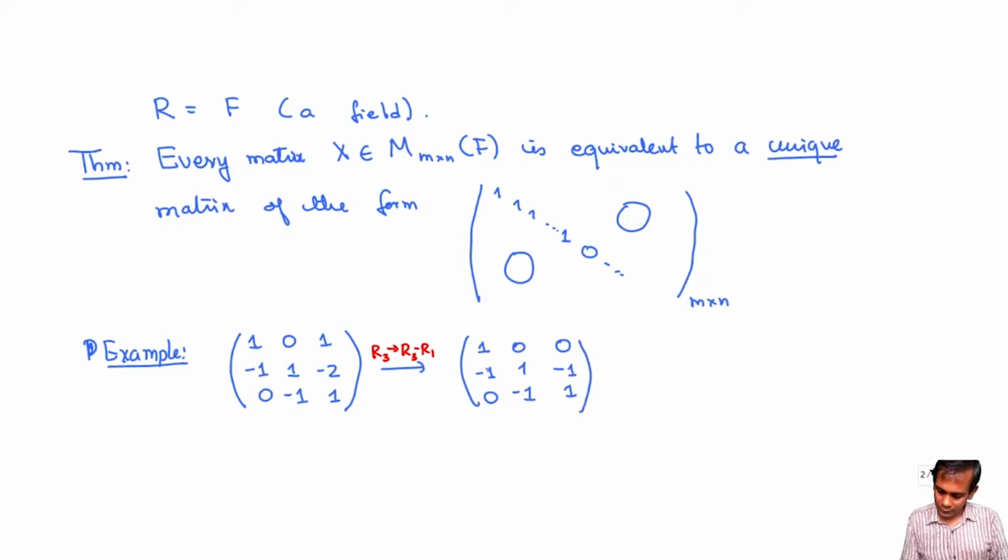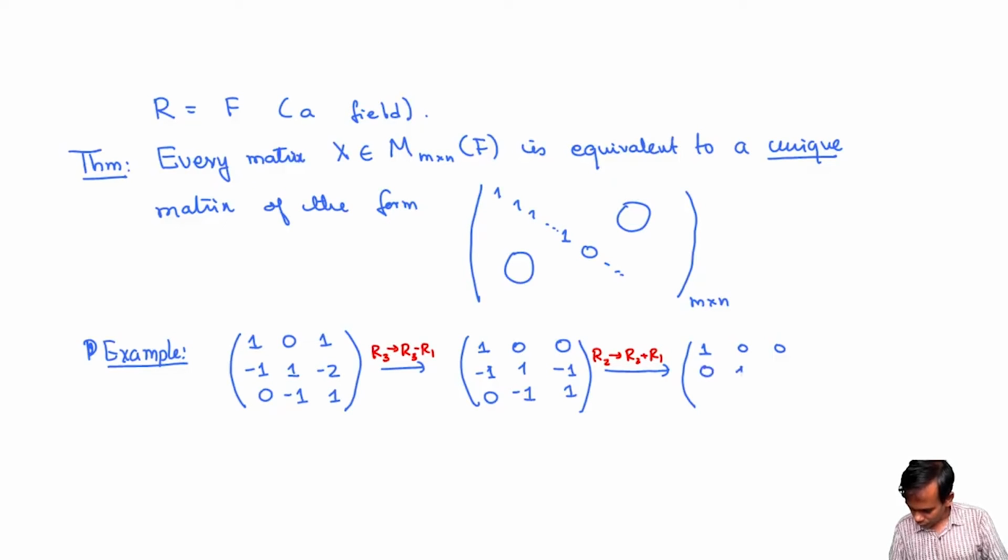And now I'll try to make this entry here 0. So now I'll do a row operation. I'll take the first row and add it to the third row. R3 goes to R3 plus R1. And now what you'll get is 1, 0, 0, then 0, 1, -1, then 0, -1, 1.